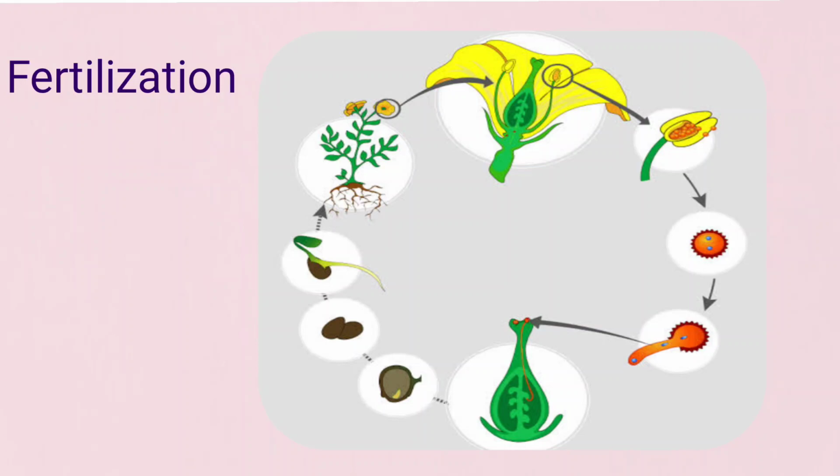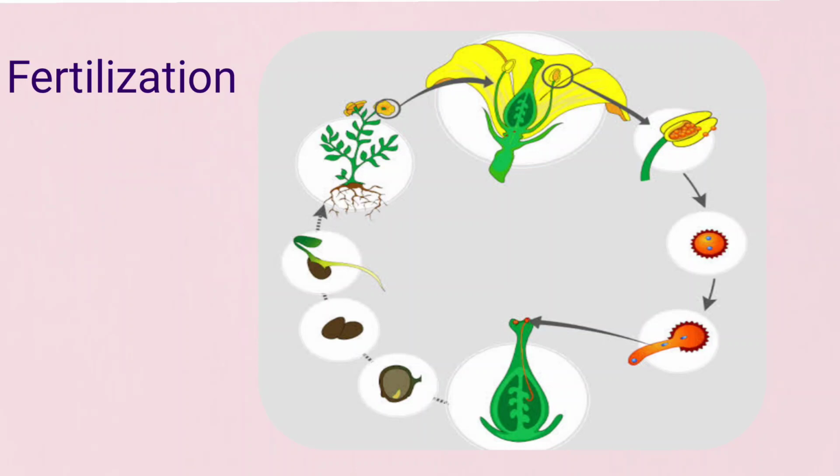The pollen grains have nuclei. When they reach the stigma, the pollen grains produce a pollen tube. Through the pollen tube, they insert the nucleus to the nuclei of the ovary. Thereafter, both nuclei combine and form a zygote.